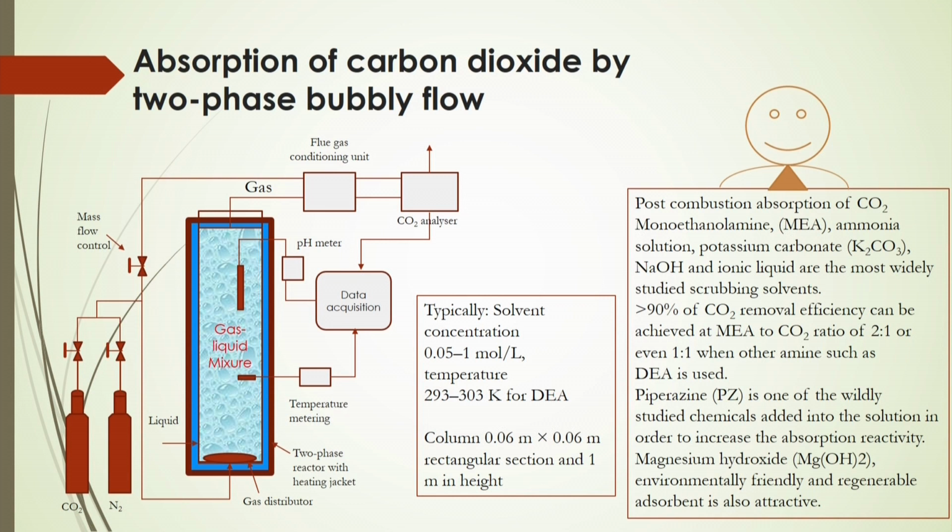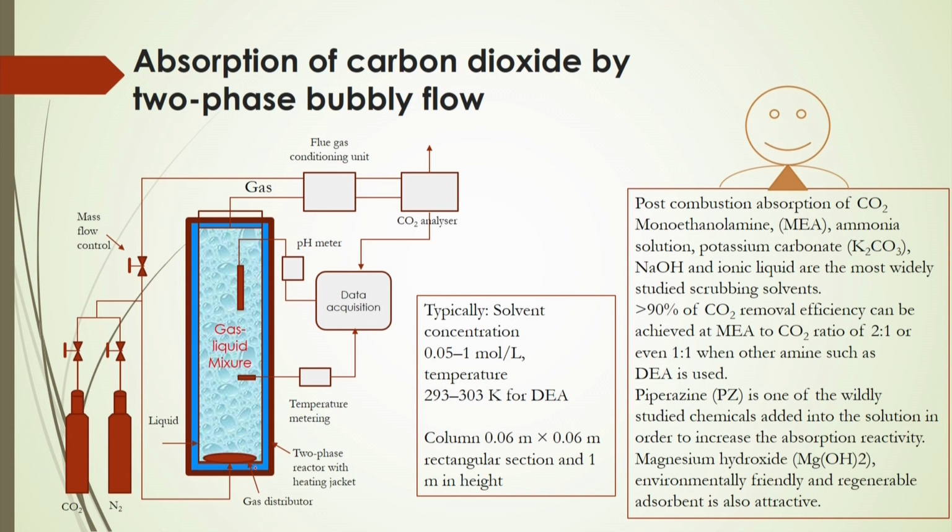Now, how is the process carried out for this carbon dioxide gas absorption in a two-phase bubbly flow system? Let us consider the column here, and at the bottom you will see a gas distributor.